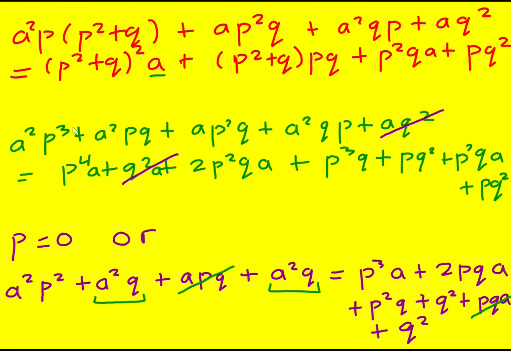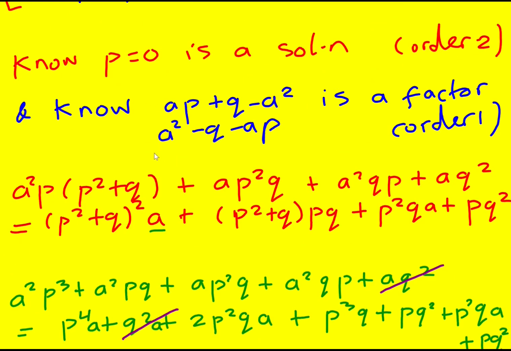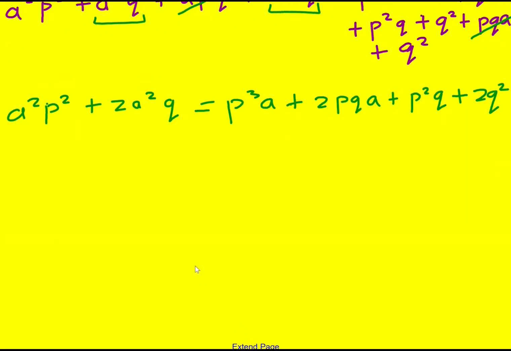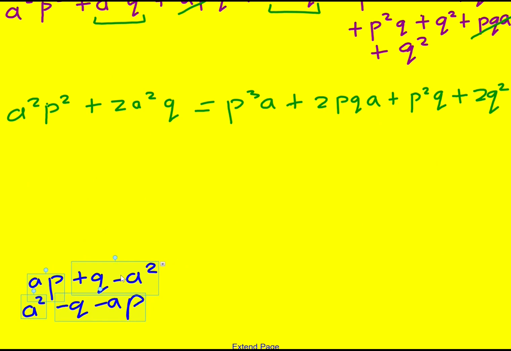Now, remember what I said about one of these being a factor as well. If we factorize it, we will be able to factorize it. This must be a factor. So I think the first thing to do is get it all on one side. I think I'll get this over to here.